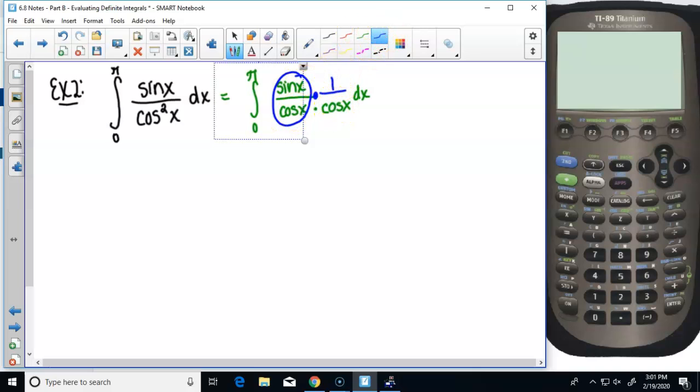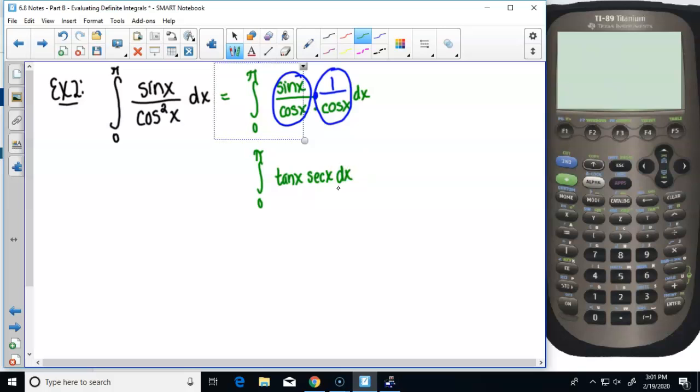And what is 1 over cosine x? It is secant. So what we have here is the integral from 0 to pi of tangent x times secant x dx.